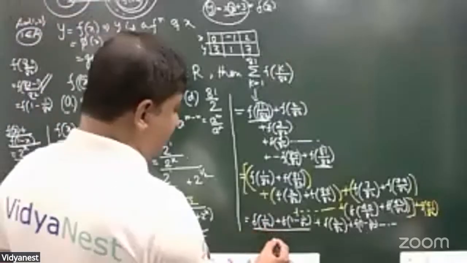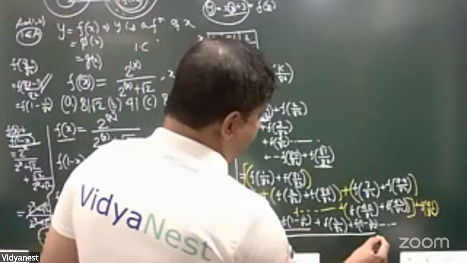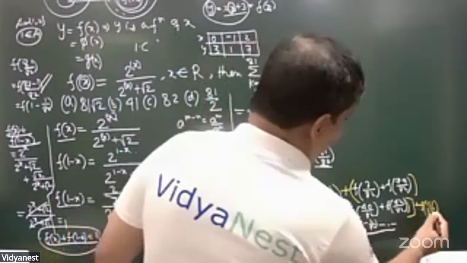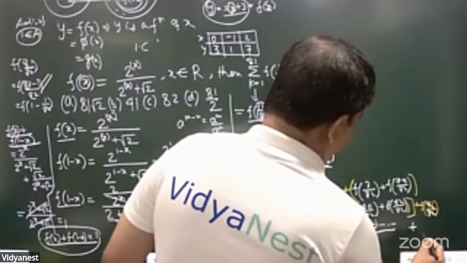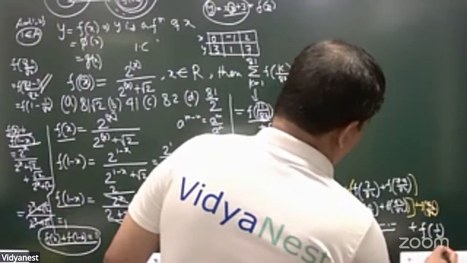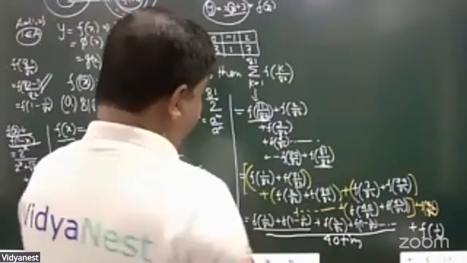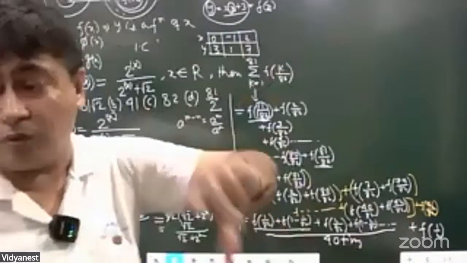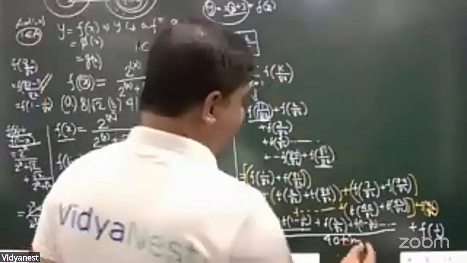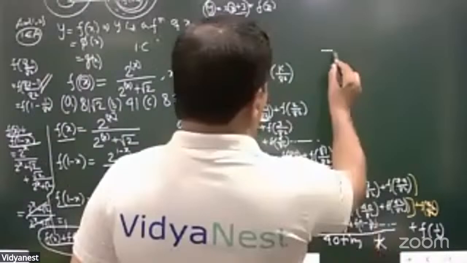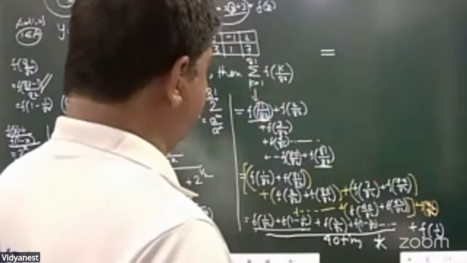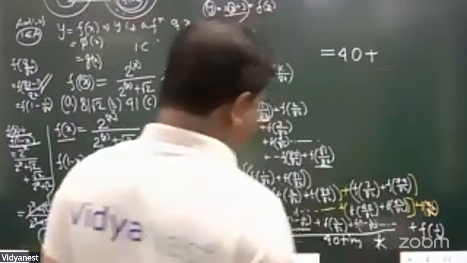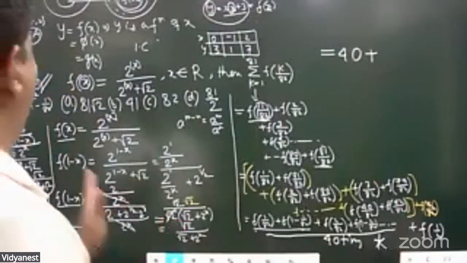So this is up to 40 times, and here 41 and 82 cancel, leaving f(half). So each group is 1, and 1 repeats 40 times. So I can write 1 plus 1 plus 1 up to 40 times.